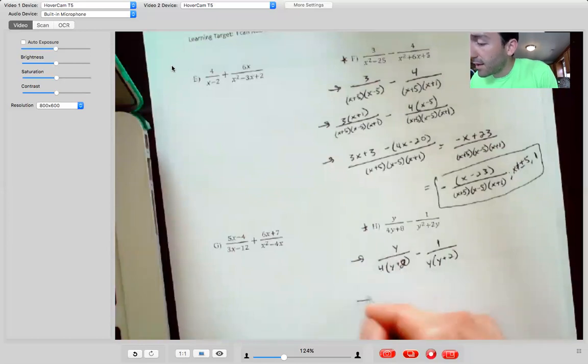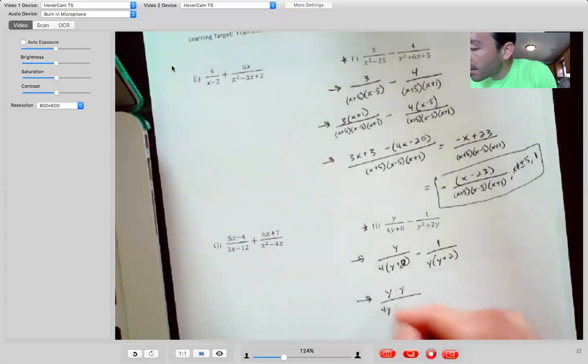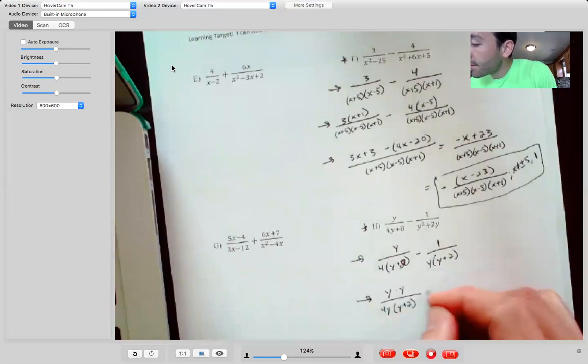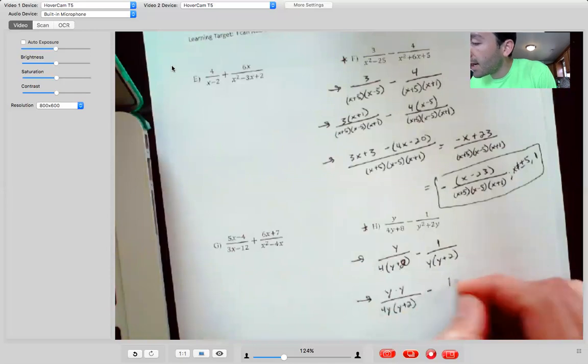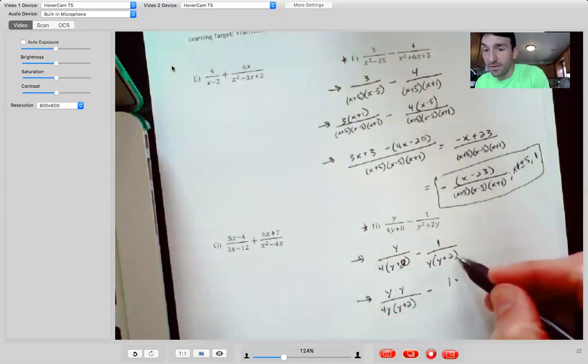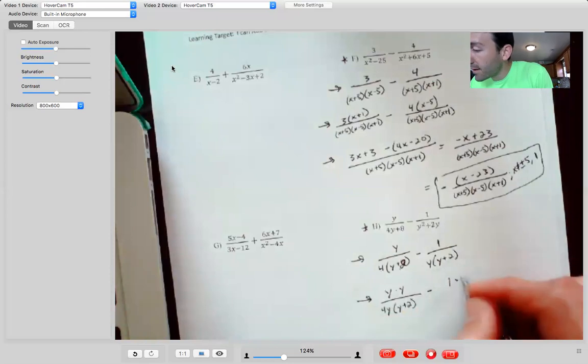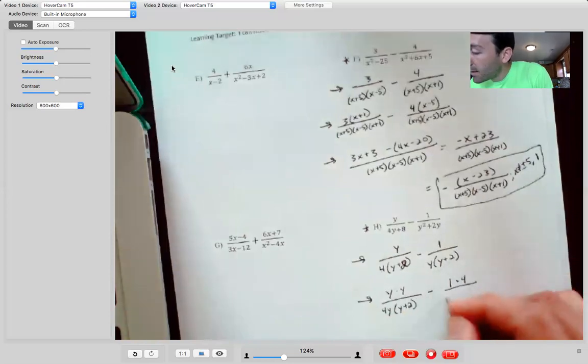So multiply on the left by y over y. So that would give me y times y over 4y times y plus 2. Take away 1 times, what are we missing over here? We're missing the 4. So 1 times 4 over 4y times the quantity y plus 2.